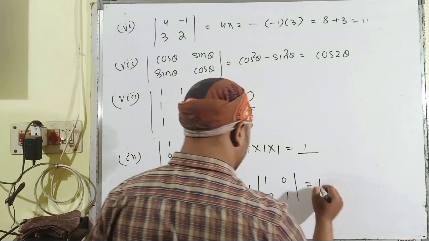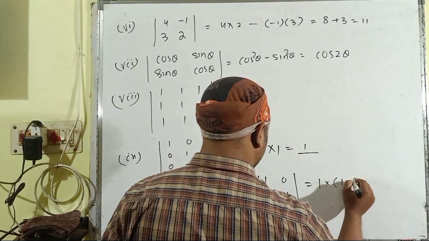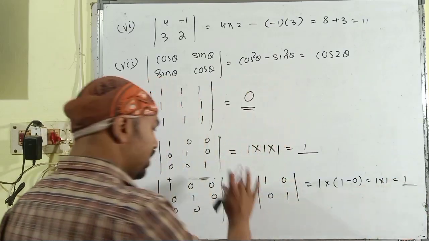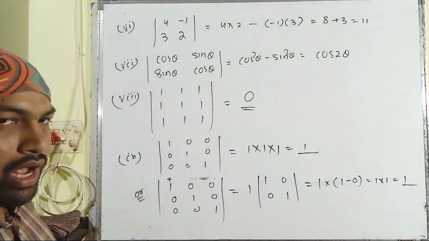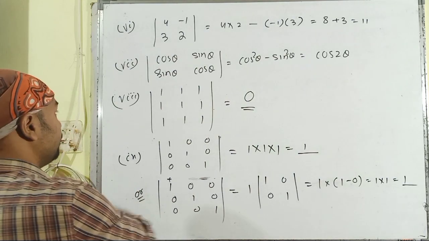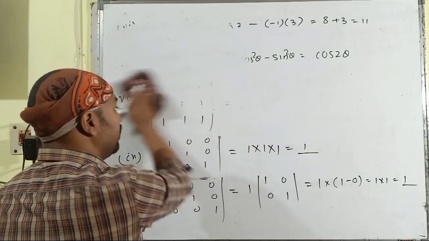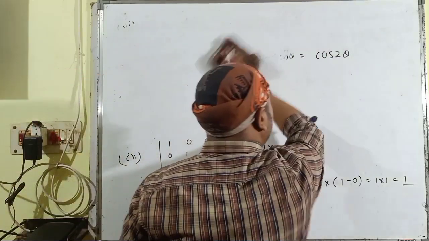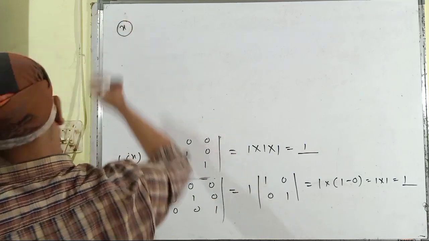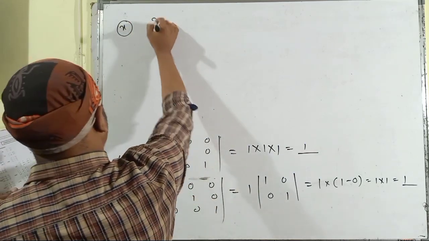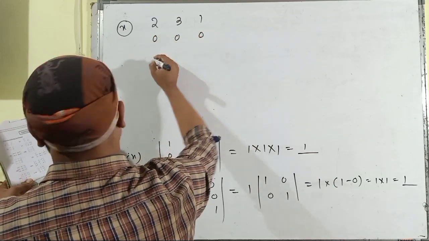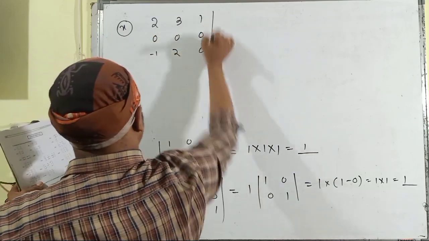So this is equal to 1 multiplied with 1 minus 0, and that is 1, equal to 1 multiplied with 1, which is equal to 1. You can go through either method here. Then moving towards the next bit. Tenth bit is here: 2, 3, 1, then 0, 0, 0, minus 1, 2, 0.